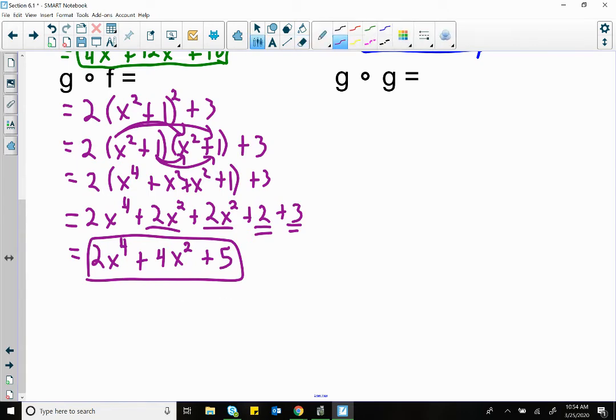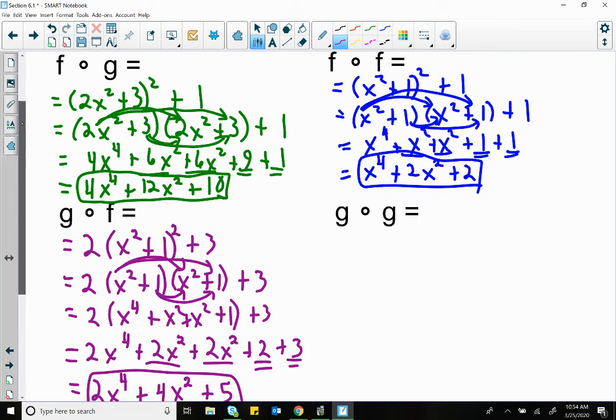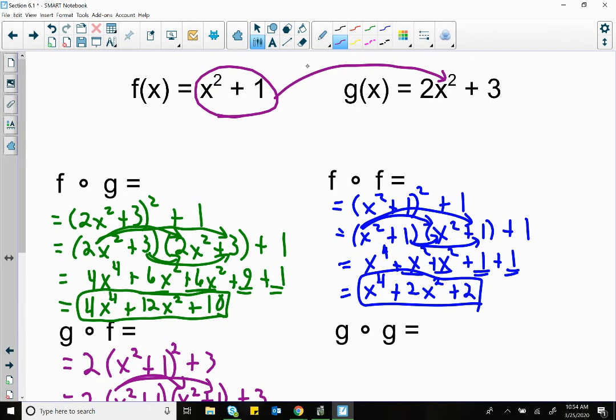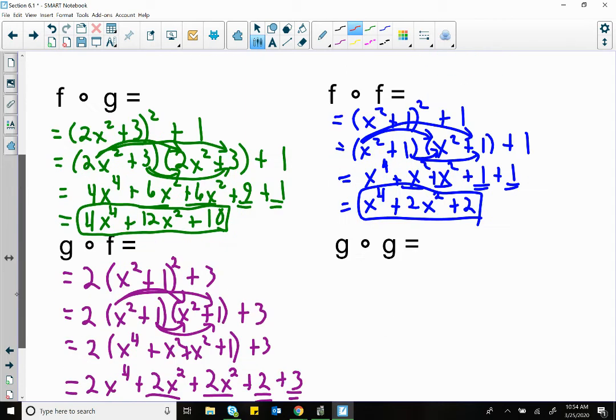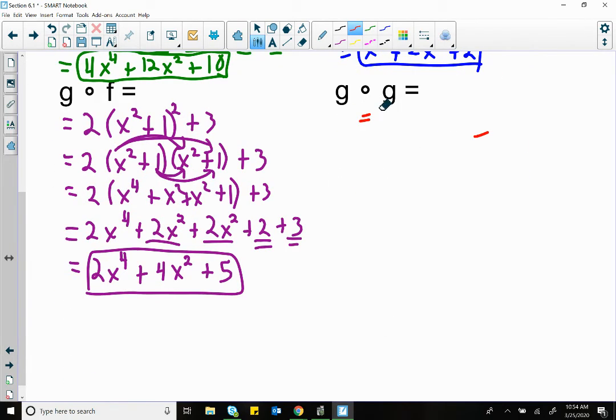And then last but not least, you'll do G of G, where all we're going to do, just like before, is take G and plug it into itself. Haven't done red, so we're going to take this guy and put it right back in. So we start out with a 2.